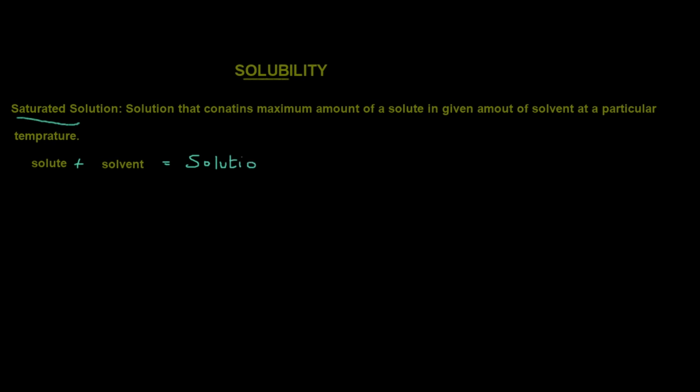As we know, solute is always taken in a lesser amount, while solvent is always taken in a greater amount. So whenever these two components are mixed together, you will get a solution.